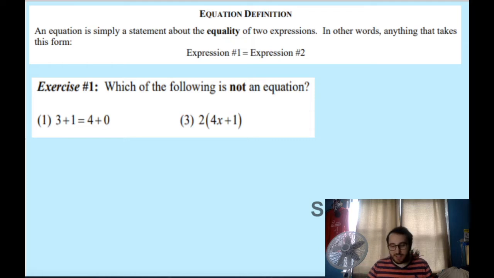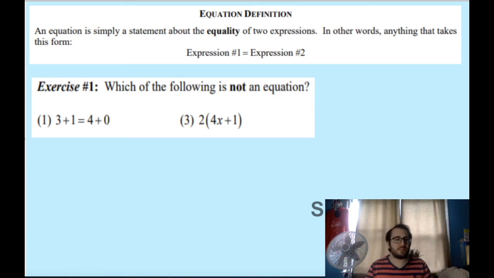So for example, let's do supplementary angles. Supplementary angles add to 180 degrees. Those are two expressions. Two angles equal 180. Those are two different expressions, and they're equal because they have a relationship between each other.